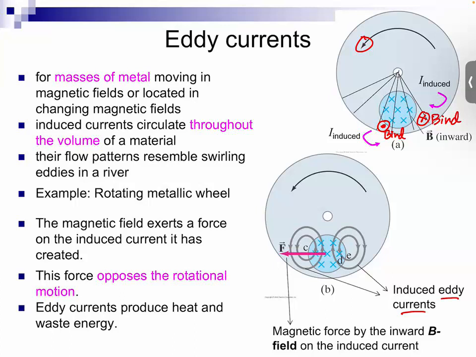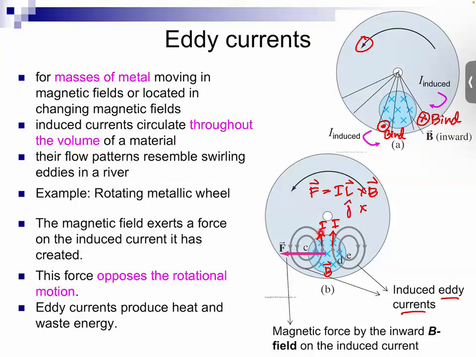So if you have a current here that's upwards and a current here that's upwards, and you have a magnetic field that's into the page, we learned that the metal will experience a magnetic force, and the direction of the magnetic force is from the right-hand rule.